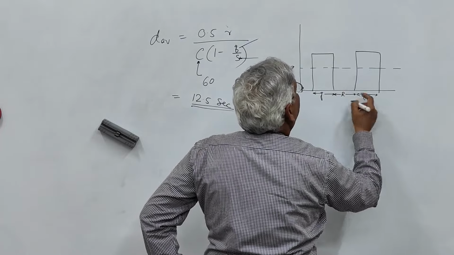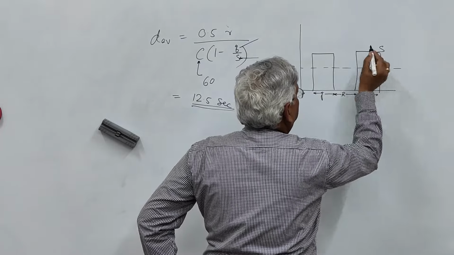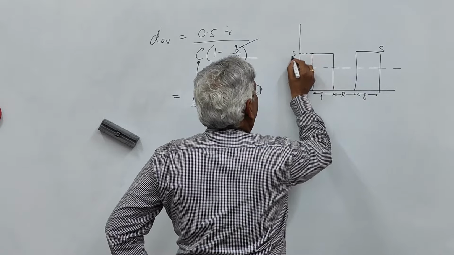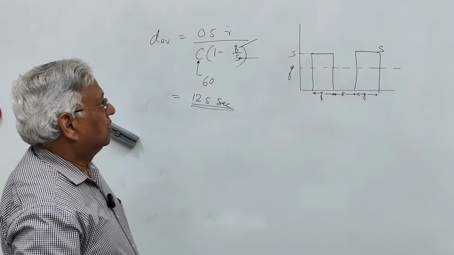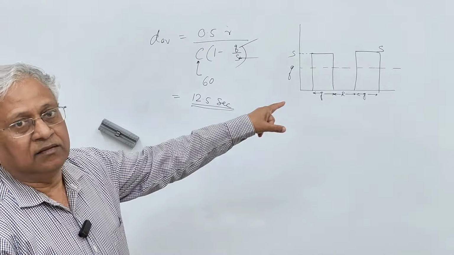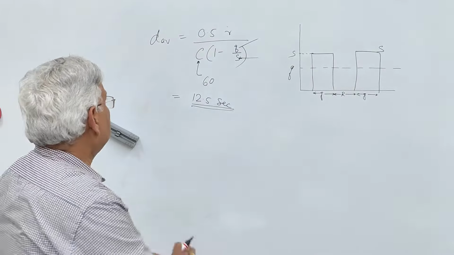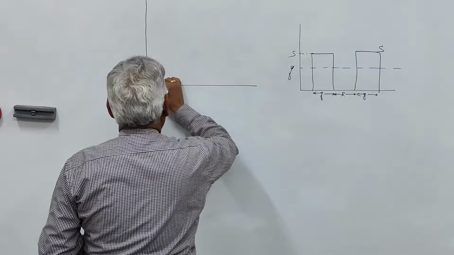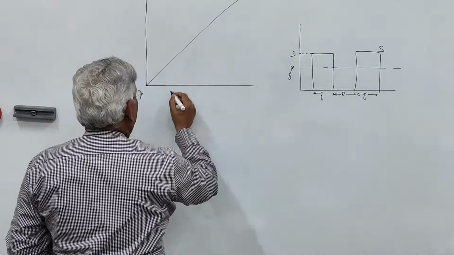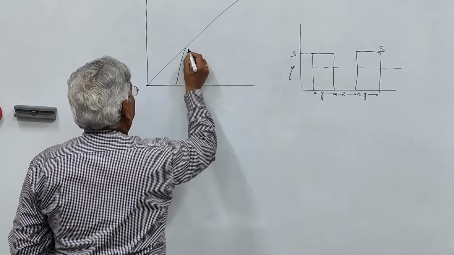During green time you have maximum flow and that is the S. That is called the saturation flow. If you plot these two curves Q and S on a cumulative scale, it will be like this. This is the rate of arrival and that is the rate of departure.